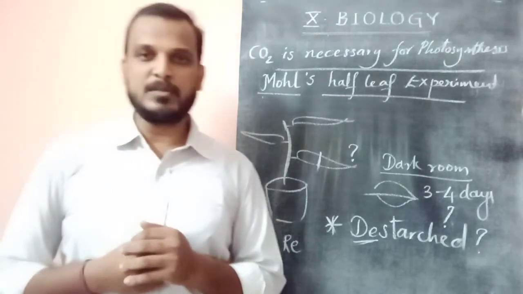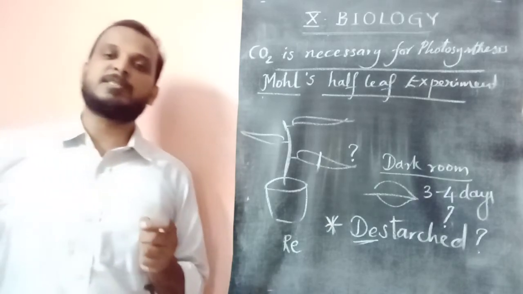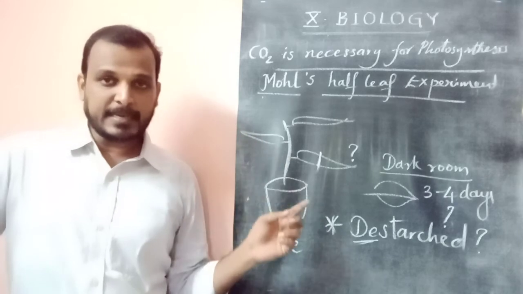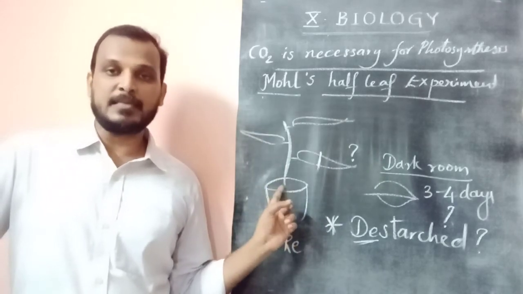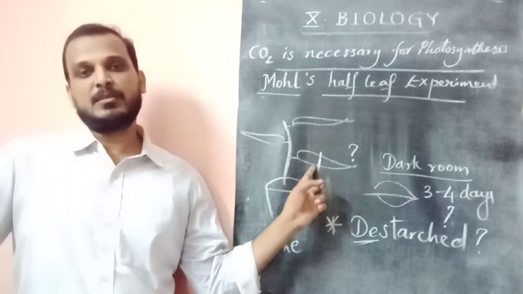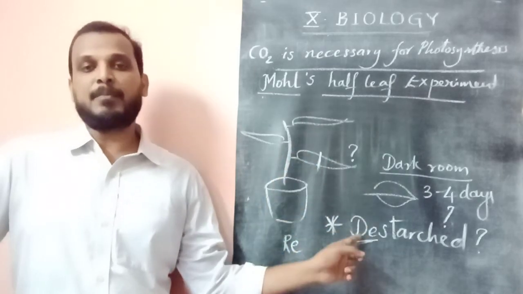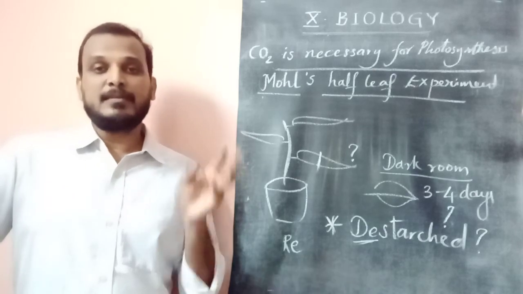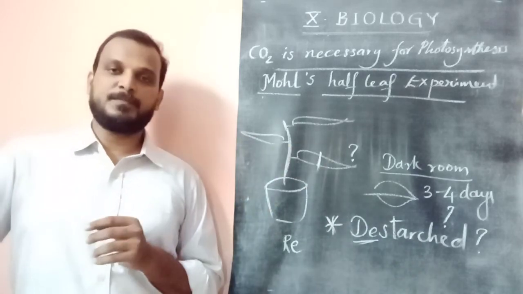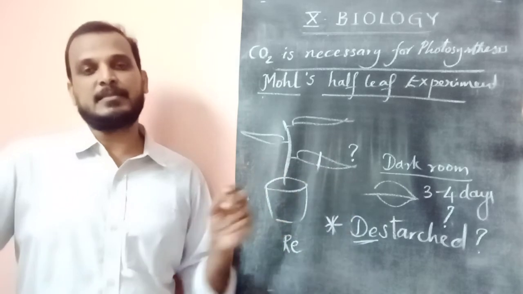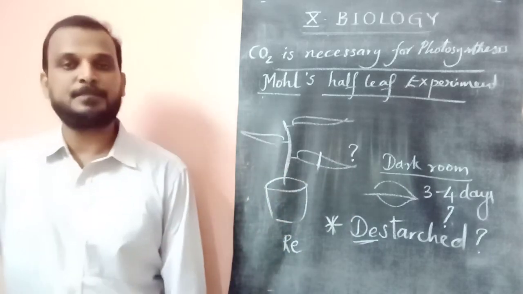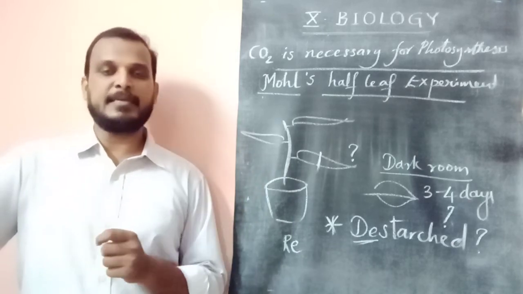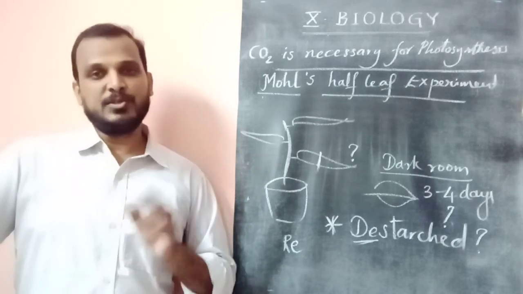If a question comes, what care is taken before starting Mohl's half-leaf experiment? Taking a special plant, that is a plant with long narrow leaves, and de-starching the plant, so as not to interfere with the starch while doing the experiment. De-starching of the plant is very important. So let us see what arrangements and apparatus he took further to continue this experiment.